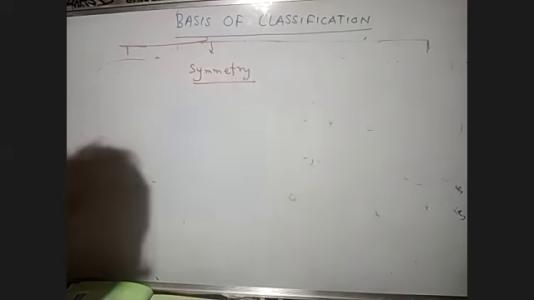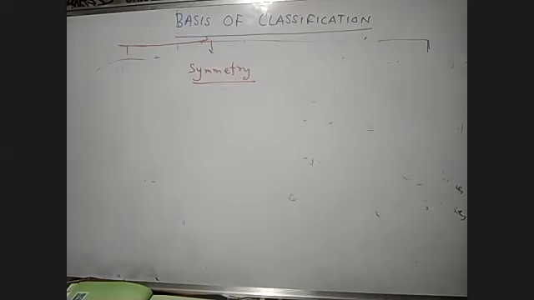Symmetry is the plan through which we can divide an animal body. We can cut the animal body through different planes, and we can see whether these separated parts are equal in all respects or not.